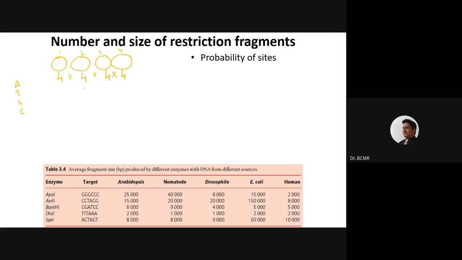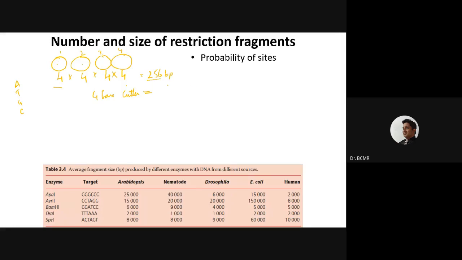You would get about something like 64, and then what would it be? Something like 256. I'm assuming that. And so if you had a 4-base cutter, one would expect the particular site every 256 base pairs.